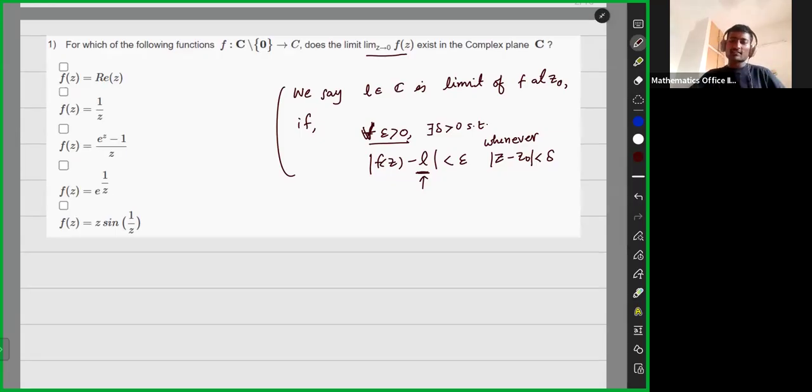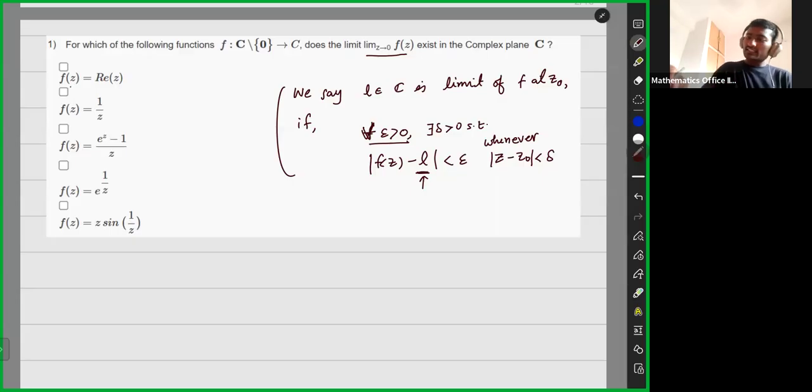It was discussed in the classroom that there are two or three equivalent definitions, but I think this one will work for us.